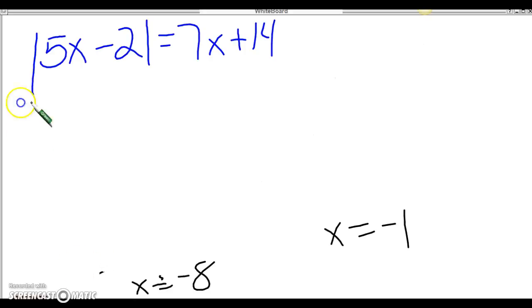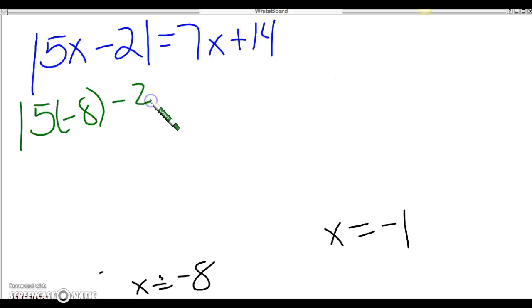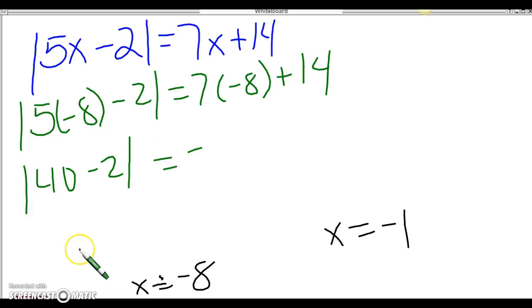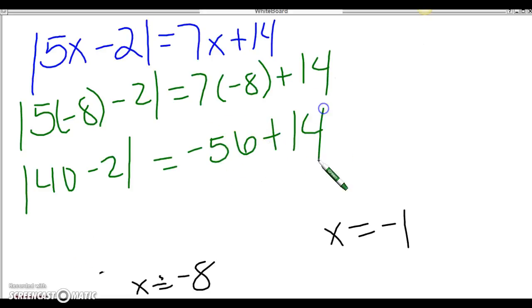Okay, so I get the absolute value of 5 times -8 minus 2 equals 7 times -8 plus 14. So I get the absolute value of -40 minus 2 equals -56 plus 14.